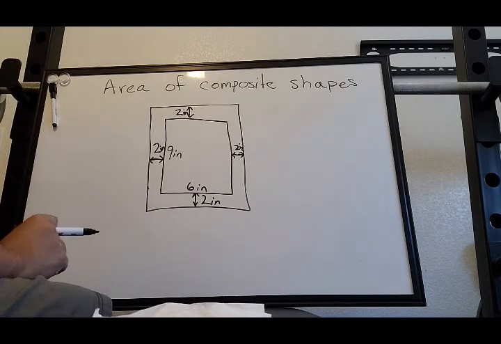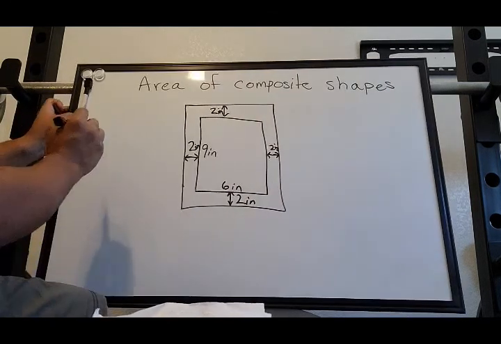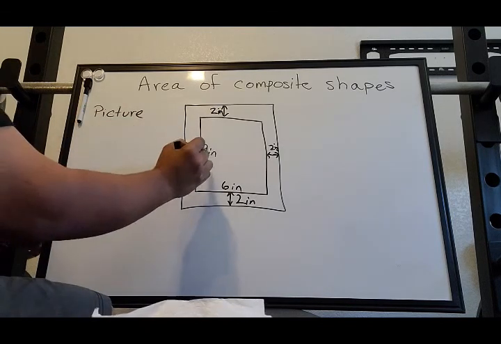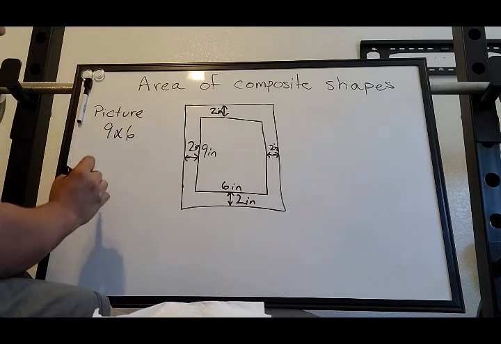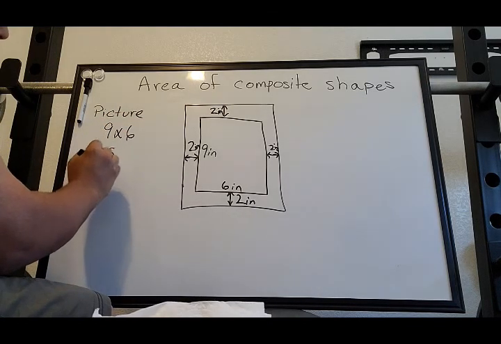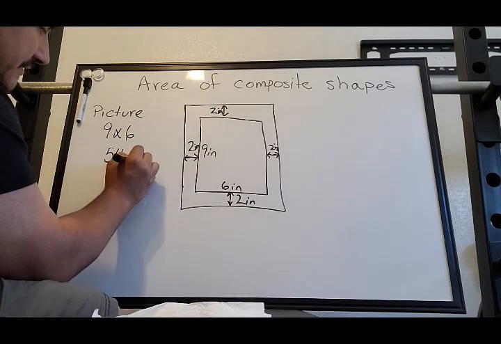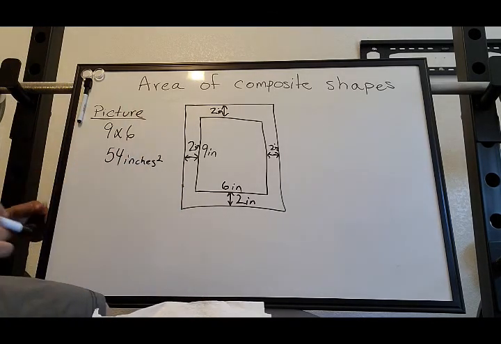Well, first of all, let's find the area of the picture. Over here, picture. It's simple. 9 times 6, base times height. 9 times 6 is 54. And since we're going in inches squared, this is the area of the picture.